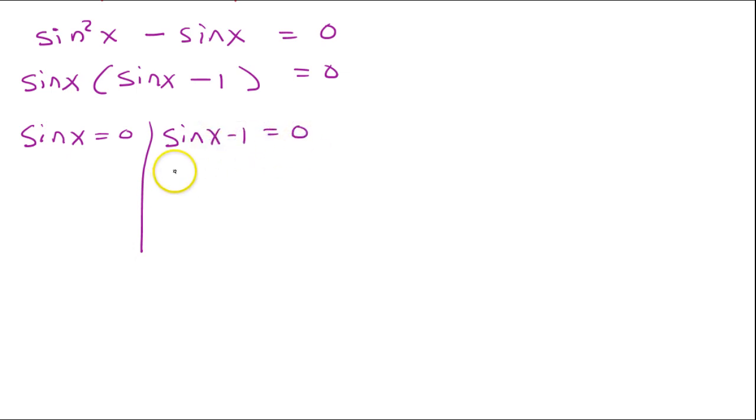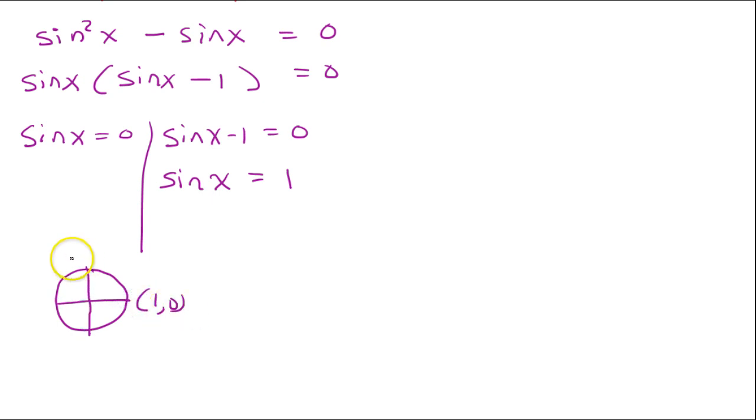Adding 1 to both sides, then I have sine x is equal to 1. I think both of these are going to be quadrantal angles. So let's take a look over here toward the left. Quadrantal angles. I have 1 comma 0, 0 comma 1, negative 1 comma 0, and 0 comma negative 1.